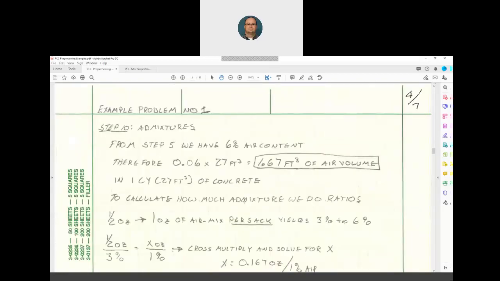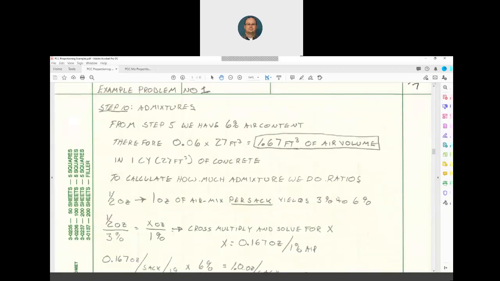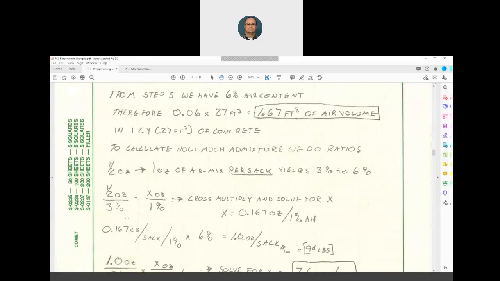All right, so 1/2 to 1 ounce per sack yields 3% to 6%. We need to get to 6%. So first I want to figure out how many ounces per 1% air. So 1/2 ounce will give me 3% air equals how many ounces per 1% air. I cross multiply. So I'm going to add 0.167 ounces per 1% air. Okay, it's not a lot if you think about it.